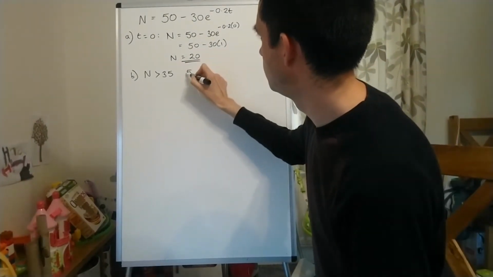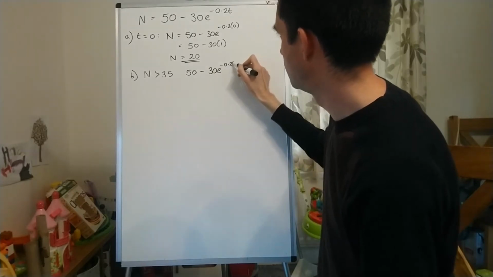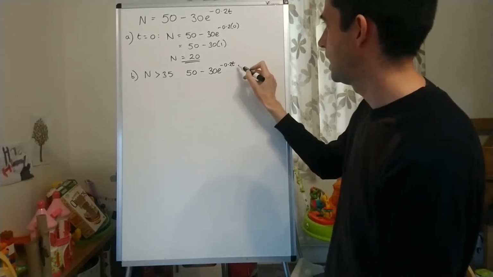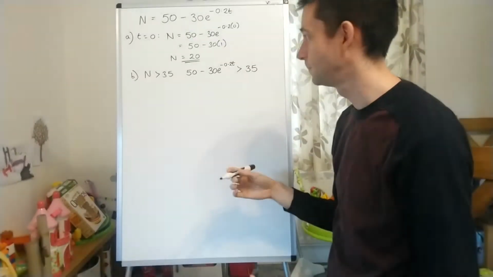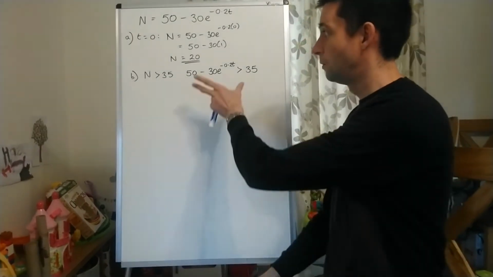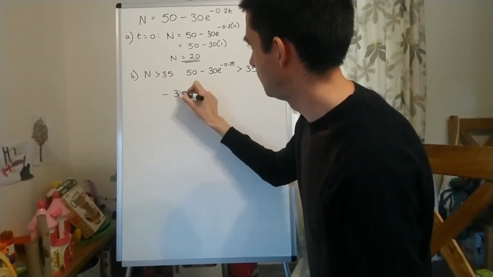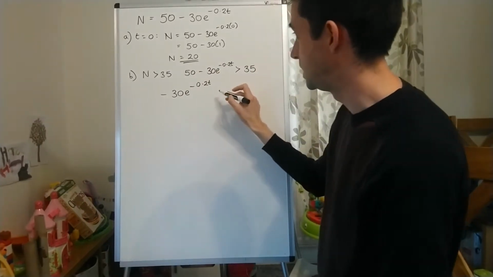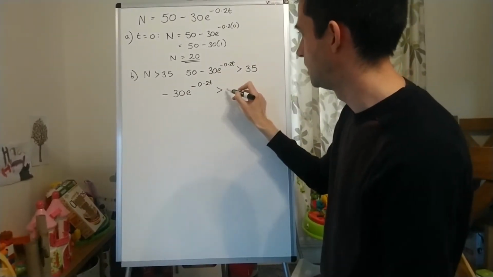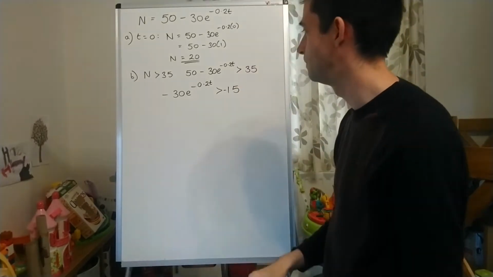So 50 minus 30e to the power of negative 0.2t has to be greater than 35, has to exceed 35. So firstly, subtract the 50, so I'm going to get negative 30e to the power of negative 0.2t is going to be greater than negative 15, sorry.